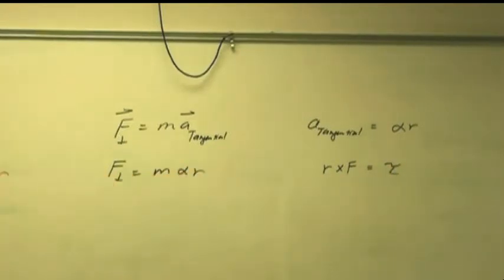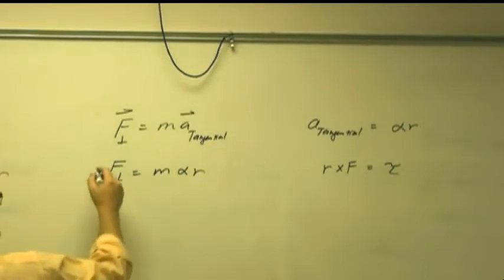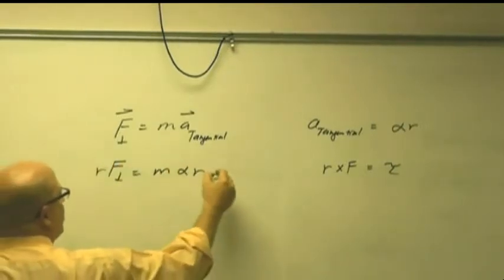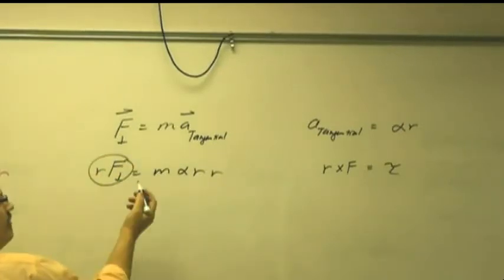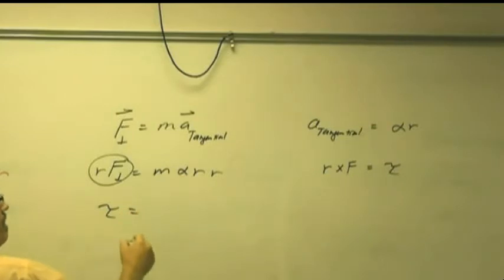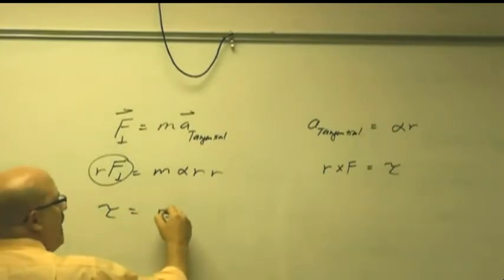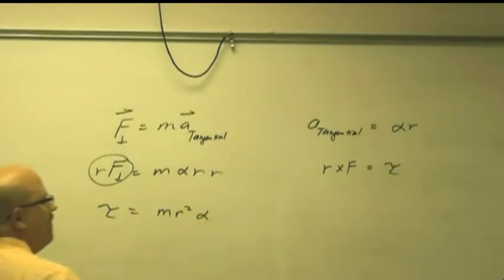So I'm going to do a little fancy footwork here. I'm going to multiply both sides by r. Nothing fancy, but R squared. So this becomes torque, right? And this becomes m r squared times alpha.